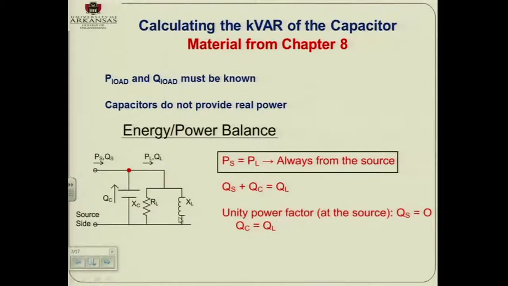So the goal is that the capacitor is going to provide the reactive power required by the load. If I want unity power factor, then QS must be 0, that's what unity power factor means, that I don't have a QS component. And so QC from this equation is equal to QL.